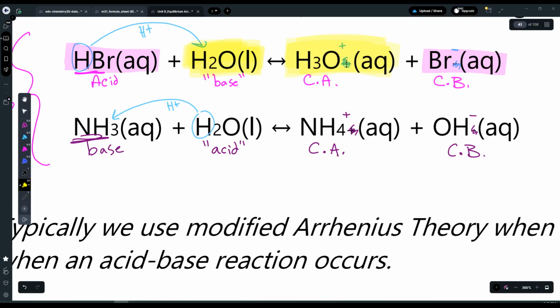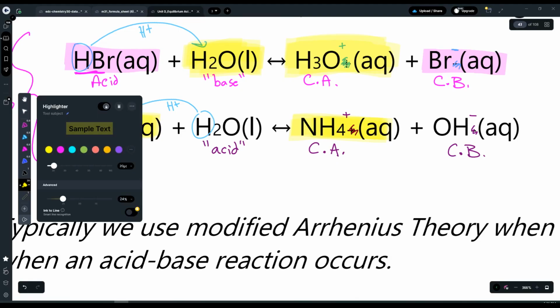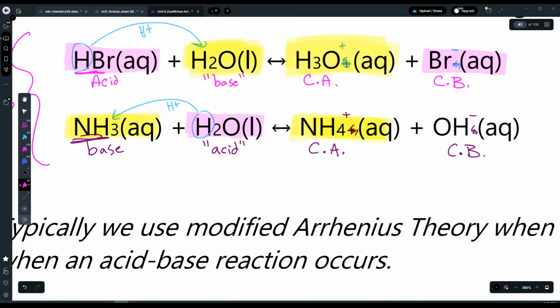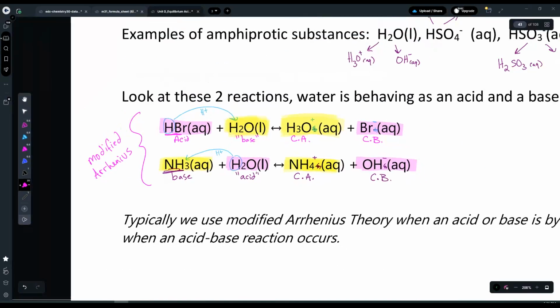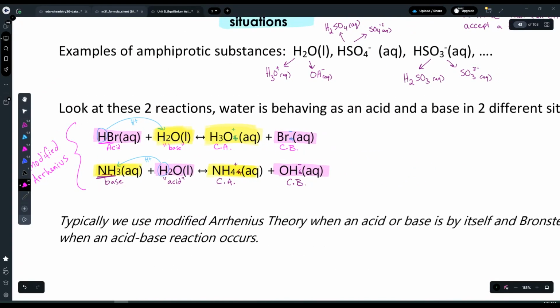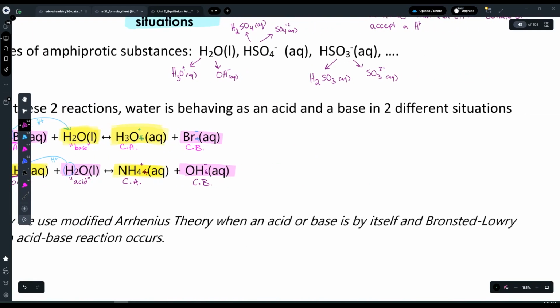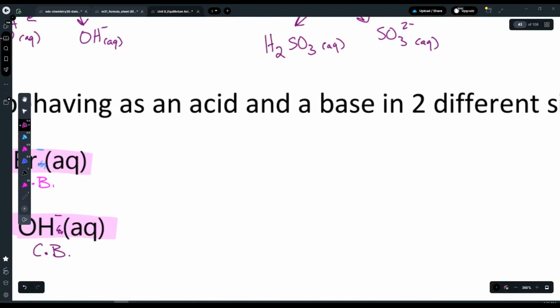So if I wanted to color code this, we will do our base and our conjugate acid there, and then for our other pair, it'll be water and hydroxide. Okay, so I did say this earlier, I just didn't write it out.